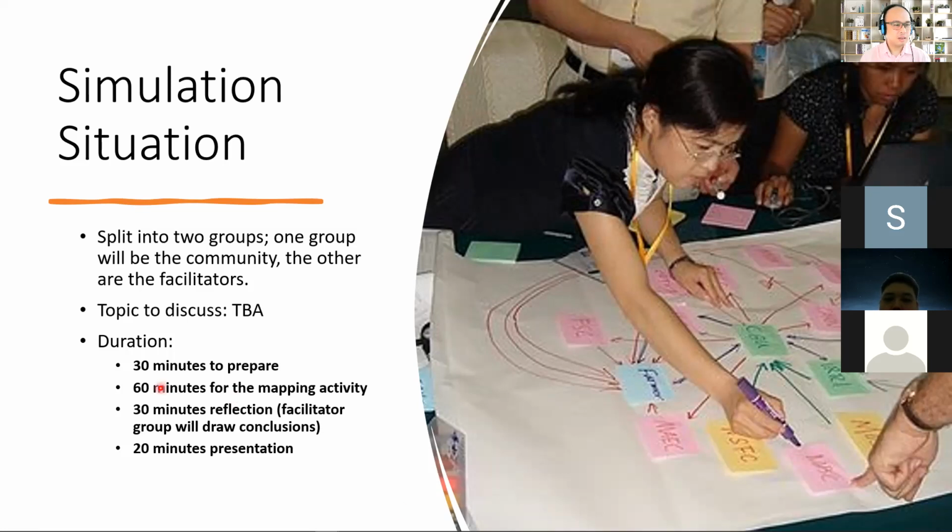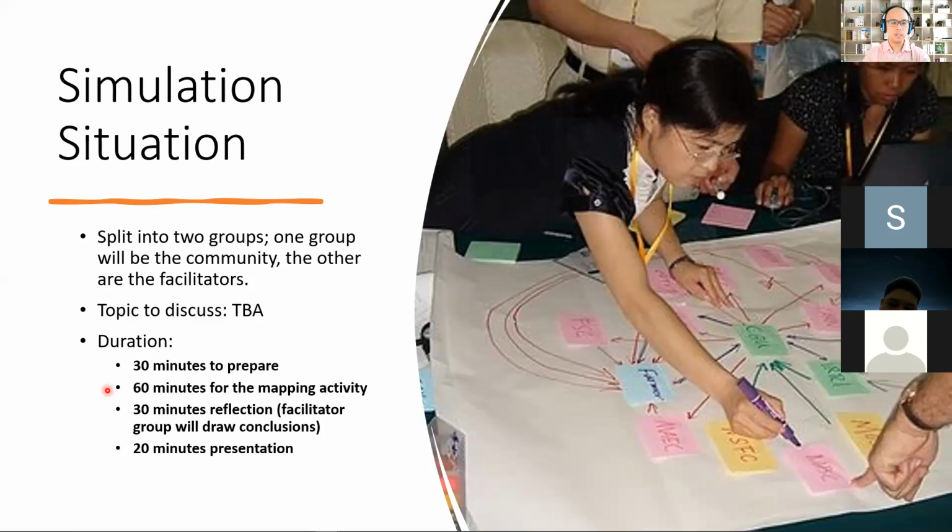Last time it was about 10 minutes to prepare and then 30 minutes to discuss. This time maybe I'll give you 30 to 40 minutes of group discussion, where the target community discusses and the facilitators discuss.